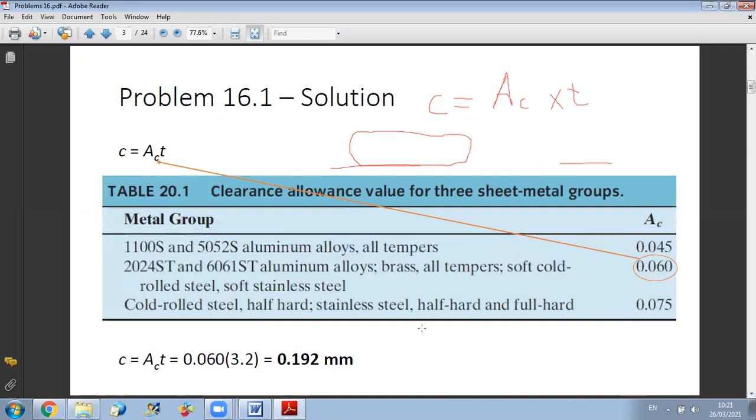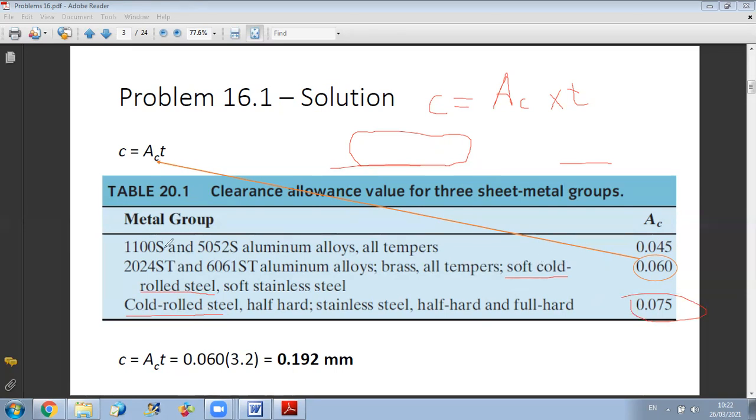The type of material used is soft cold rolled steel, so it is here, and the value is 0.06. Pay attention: if they just say cold rolled steel, and don't say soft cold rolled steel, then it is a different clearance allowance. So you should have the name very accurate and look at the details. It should be perfectly the same name.